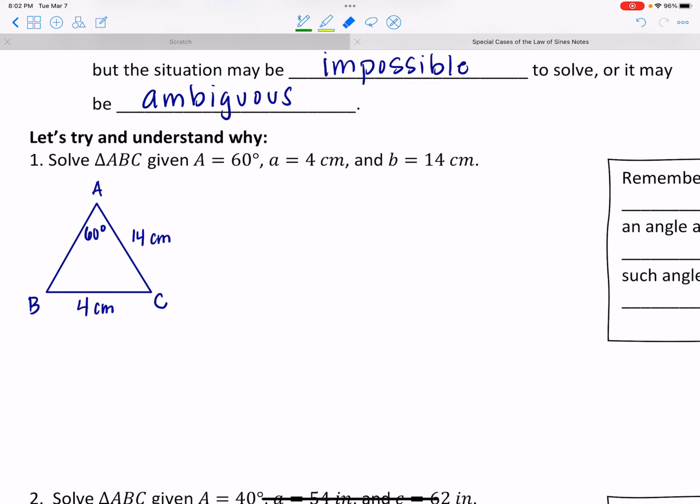But in our ratios, whichever ratio I go to set up, let's say I wanted, don't write this down if you're taking notes, I wanted to find side c first. So maybe I use a ratio that has c and then the sine of C. Well, I don't know C yet, so that's two unknowns in my picture, which is no good.